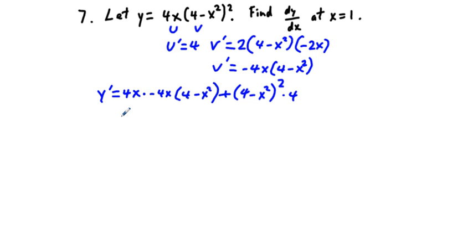So just combining here, we have negative 16x squared times (4 minus x squared), plus 4 times (4 minus x squared) squared.